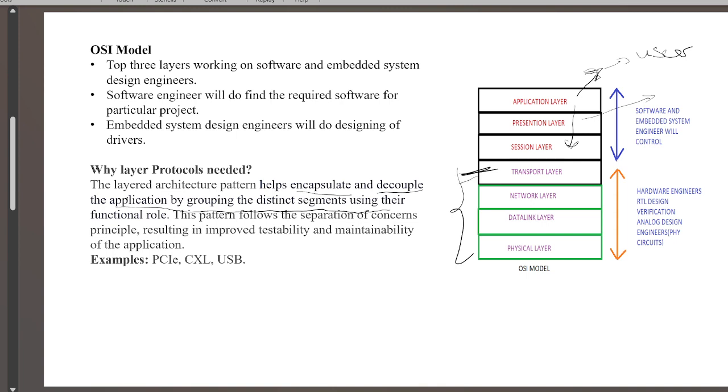You are adding some data here, removing something on the other side, checking something there, sending data from here. So every layer has its own significance. It works as we expect, and it also improves stability, testability and maintainability. You can maintain it very clearly.